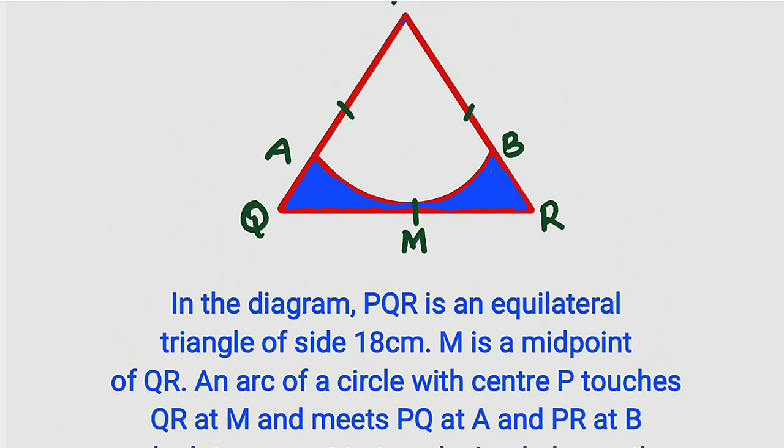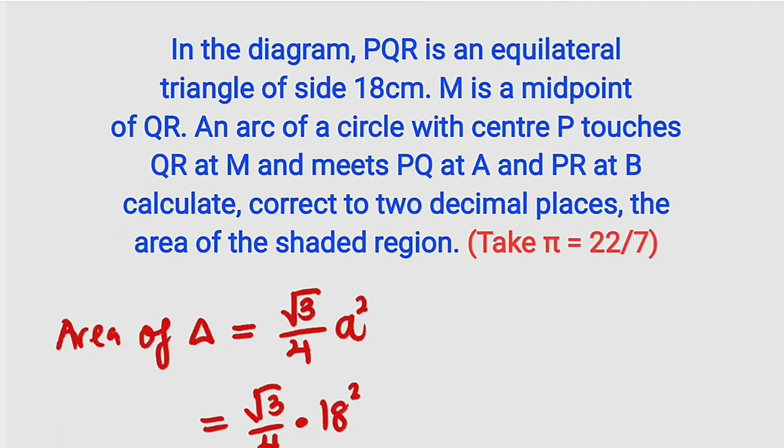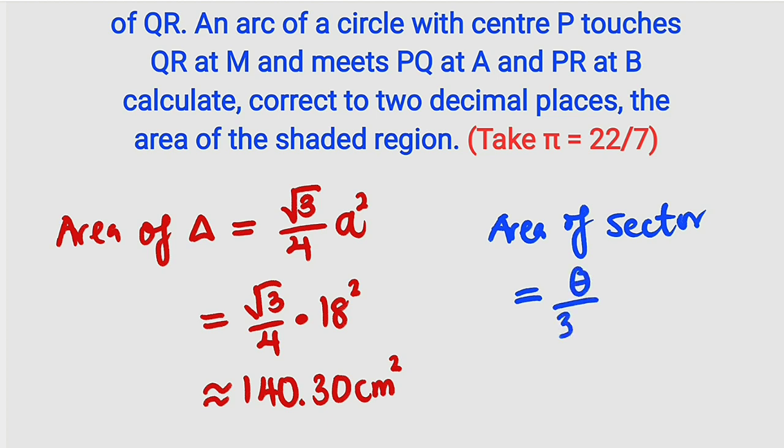Now coming back to the area of sector, we have a sector right here. To find the area of a sector, all you have to do is take the angle subtended by that sector, divide by 360 degrees, which is the angle of a point or a circle, then multiply by the area of the circle, which is pi r squared.